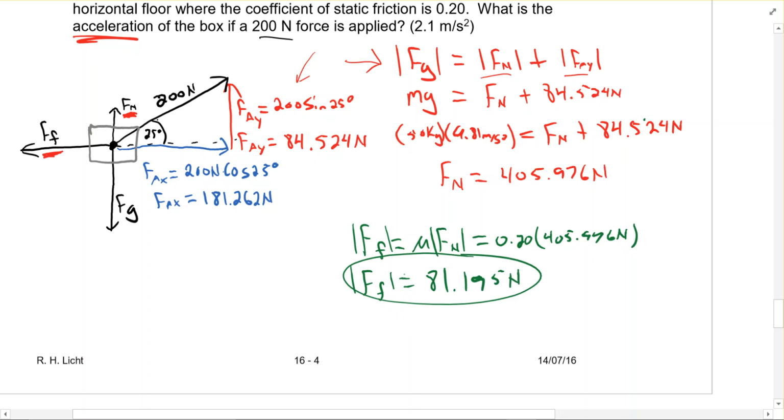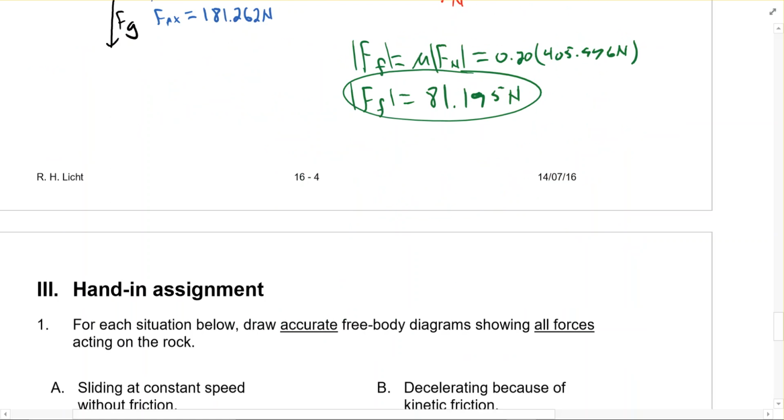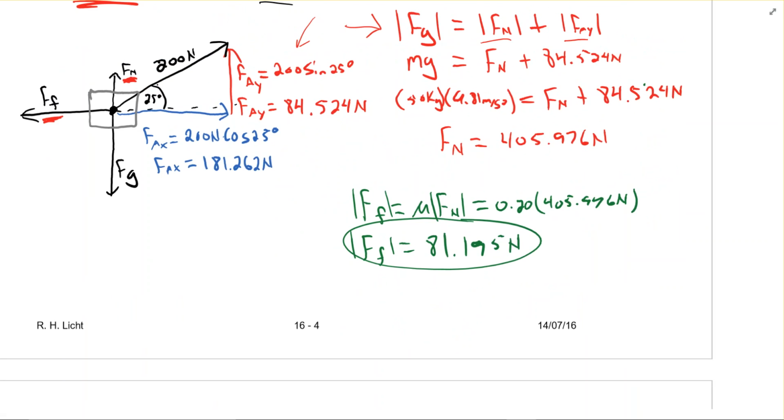So I got that. Now what we've got to do is figure out what the net force is between those. So the net force is going to be equal to this, in the x direction, 181.262 newtons.